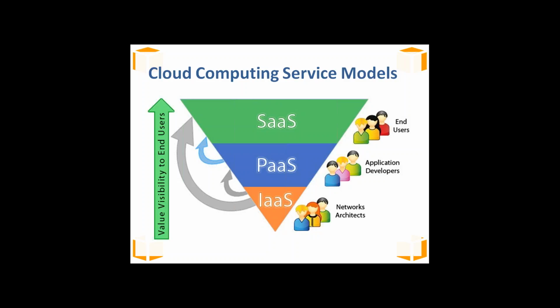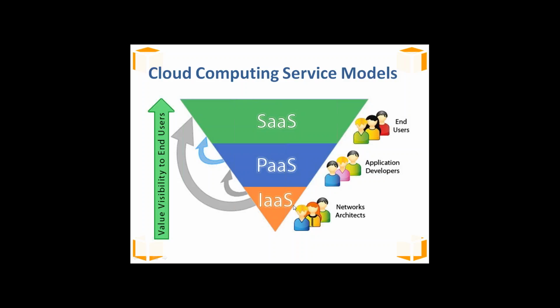Basically, the end users try to borrow software which has been provided by SaaS, whereas the application developers, whether Java, .NET, Python, or some other technology, develop the application using platform as a service. They make use of this service model, whereas the network architect makes use of IaaS.